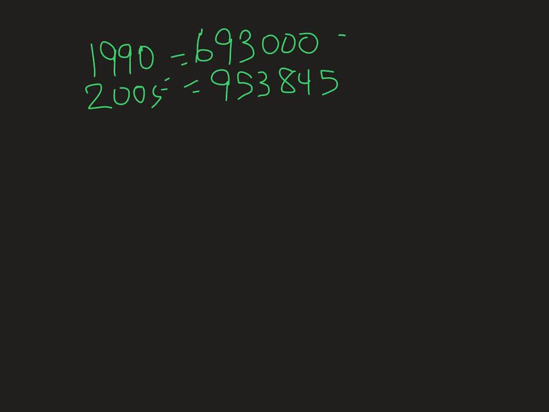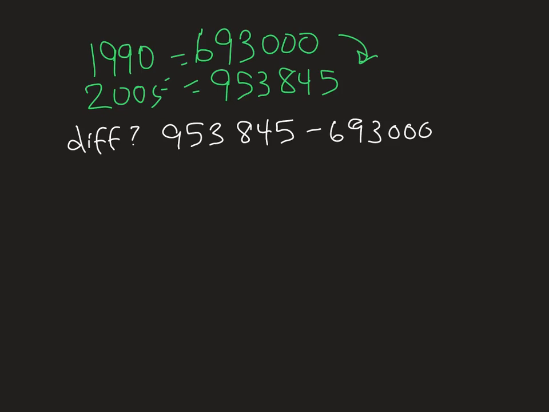And what it's asking is, what's the percentage jump? So remember, first thing we have to do, find the difference. So we're going to do 953,845 minus 693,000, and we're going to get 260,845.